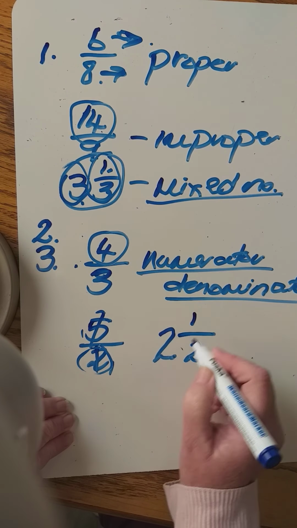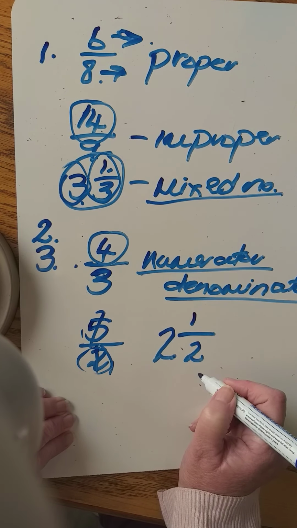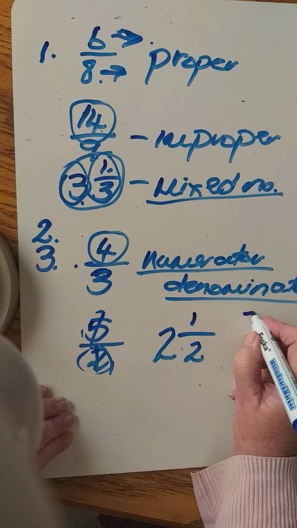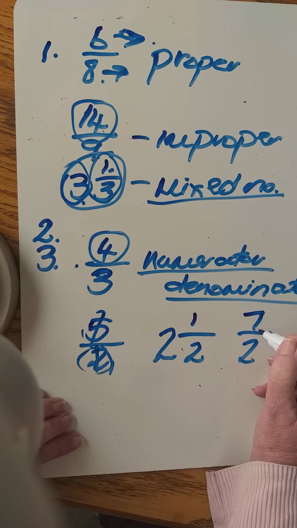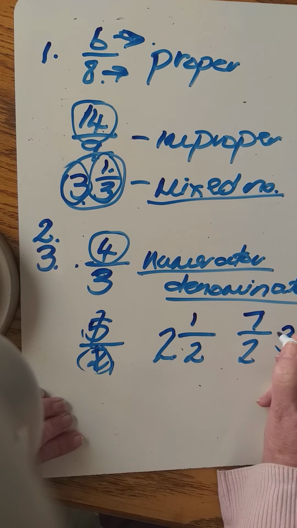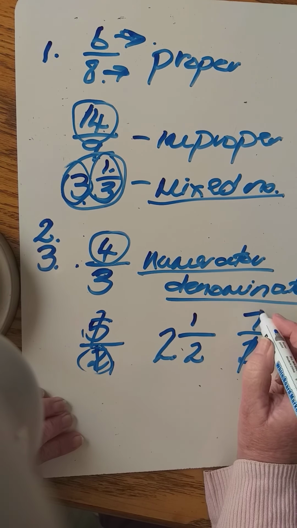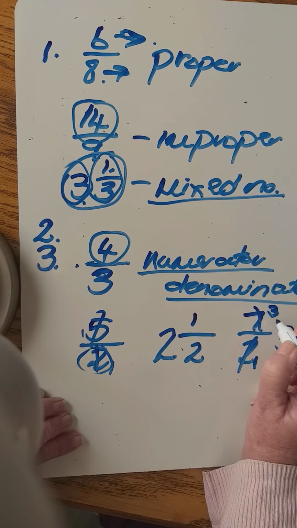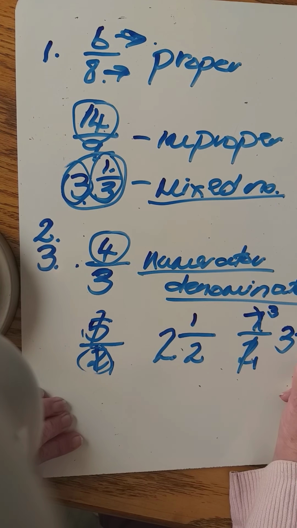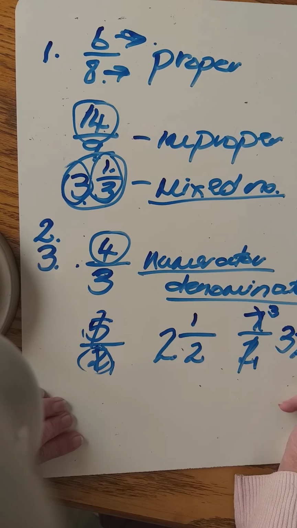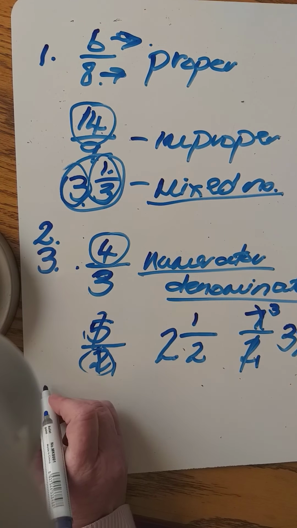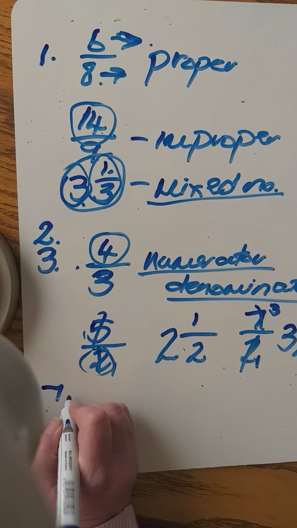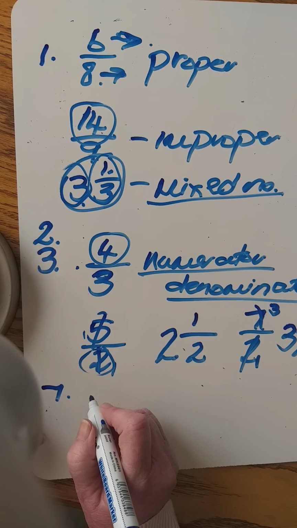Halves. So it's 2 and 1/2. I'm going to do another one. If I've got 7/2, 2 goes into 7 3 times, into itself once, into that 3 times, and what is left over? 1. So 3 and 1, and what size? Halves.